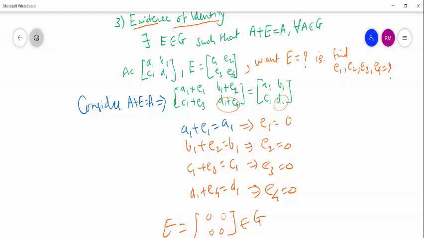It is not necessary that we always get an identity matrix for any set G under some binary operation. Such types of examples we are also going to take.